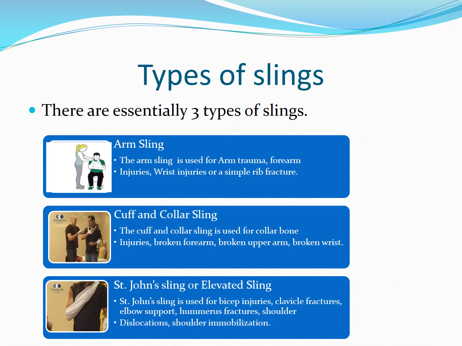Number two, cuff and collar sling. The cuff and collar sling is used for collarbone injuries, broken forearm, broken upper arm, broken wrist. Number three, St. John sling or elevated sling. The St. John sling is used for bicep injuries, clavicle fractures, elbow support, humerus fractures, shoulder dislocations, shoulder immobilization.